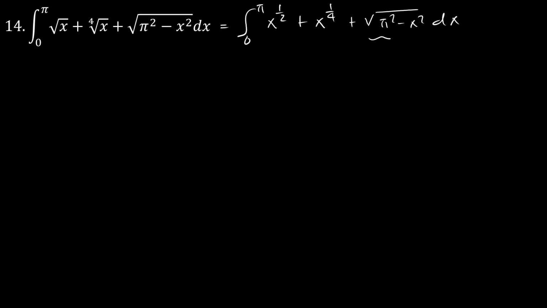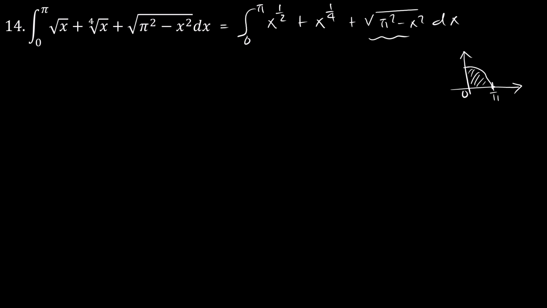Now this may be a little bit interesting, but I think plotting it out might help us. So we have 0 to pi. At 0 we have this being pi. At x equals pi it becomes 0, so we do have a quadrant here.